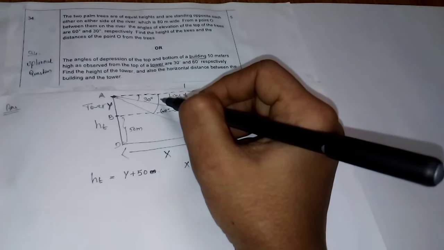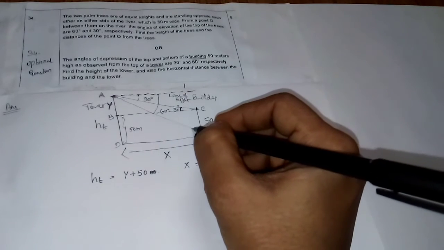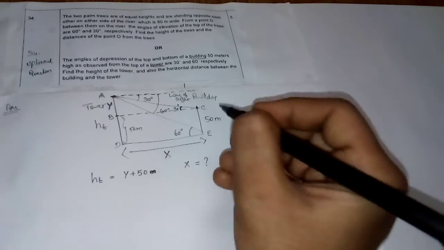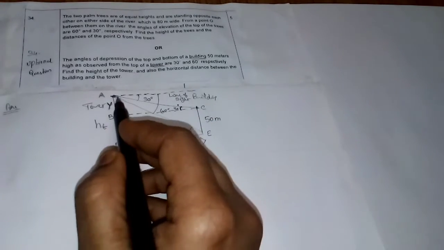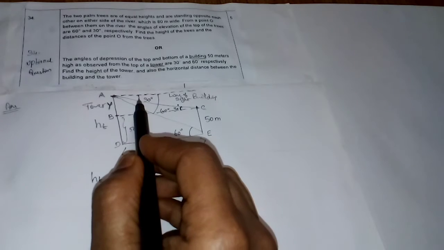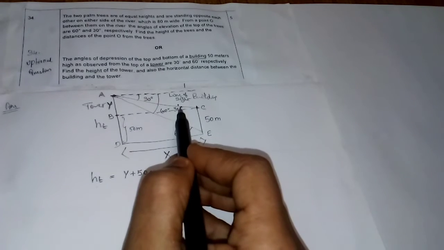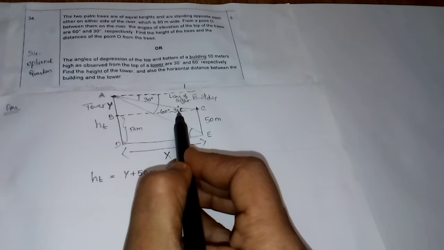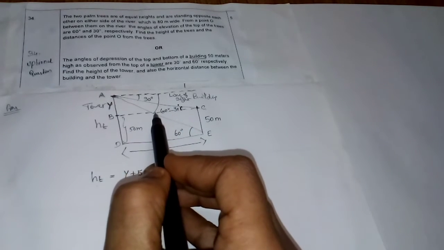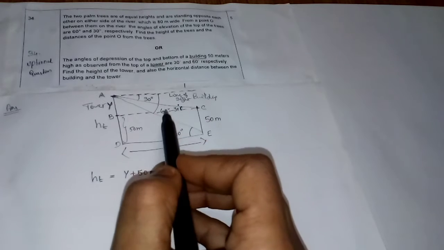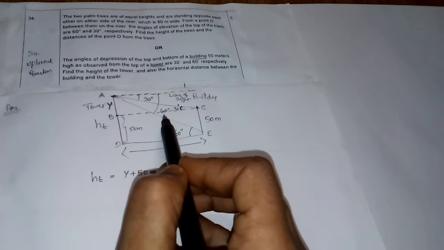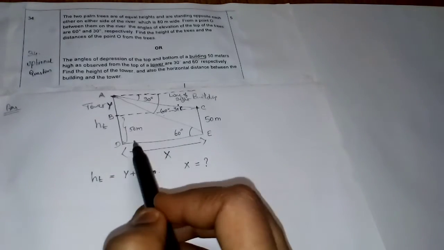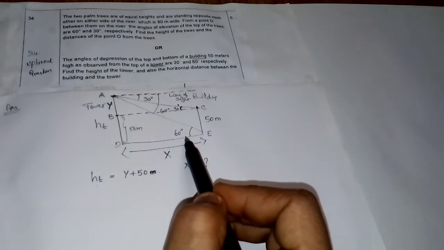And since this is 60 degrees, the alternate interior angle is also 60 degrees. Therefore ACB is 30 degrees, and the alternate interior angle AED is also 60 degrees.